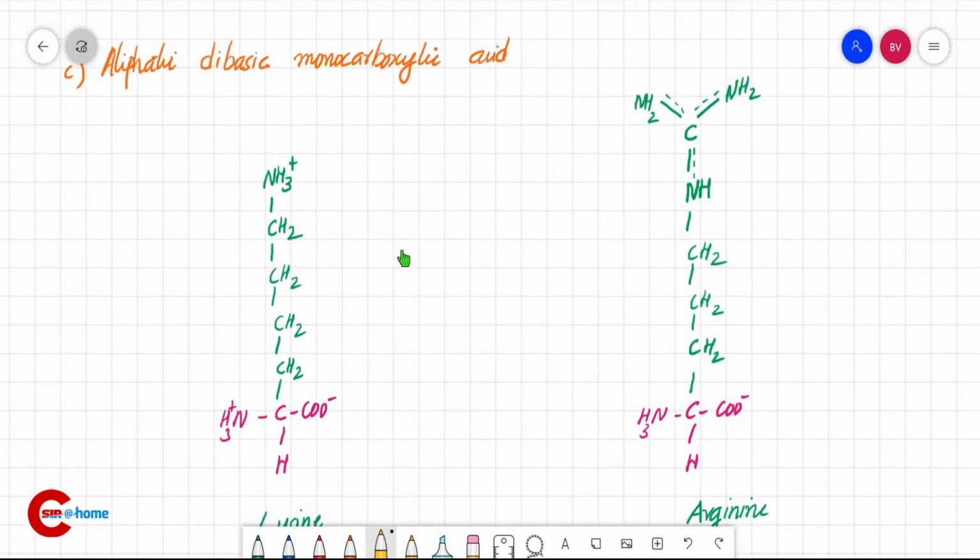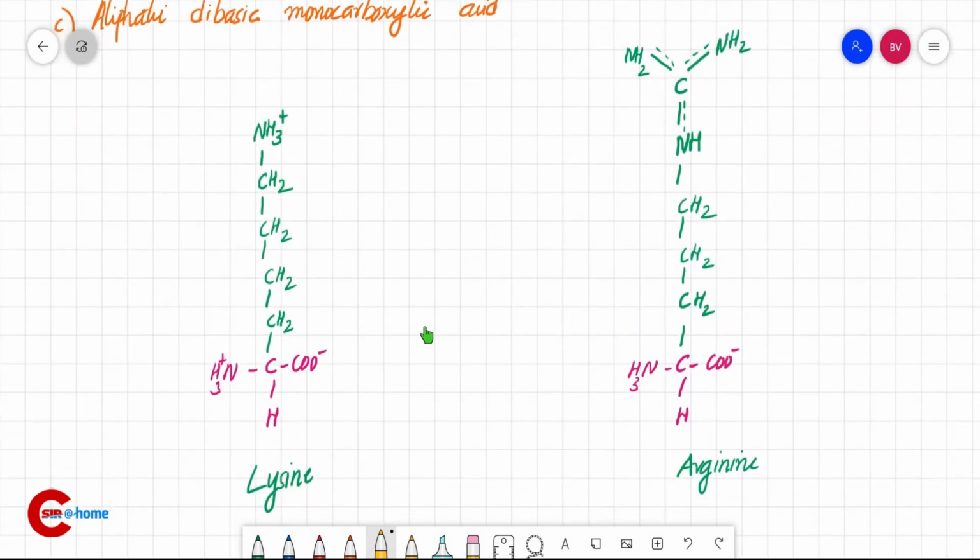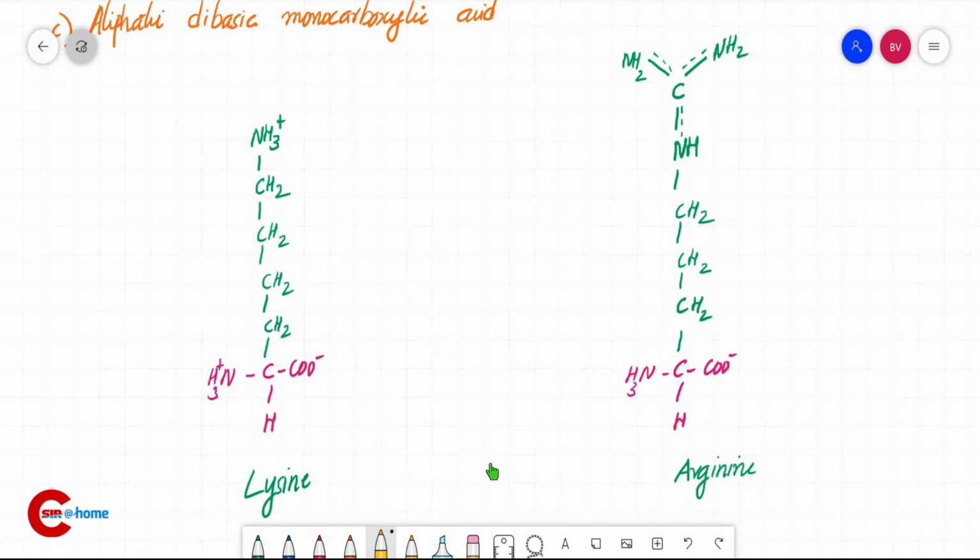Next one is aliphatic dibasic monocarboxylic acid. That means it contains only one carboxylic acid, monocarboxylic acid, but it contains 2 bases. Here you can see amino group.